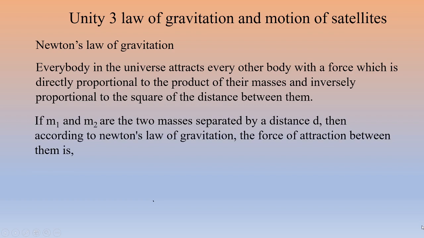Suppose we have two masses, m1 and m2, separated by a distance d. Then, according to Newton's law of gravitation, the force of attraction between them, which we represent by F, is directly proportional to m1 m2, and also inversely proportional to the square of the distance between them, that is 1 by d square.